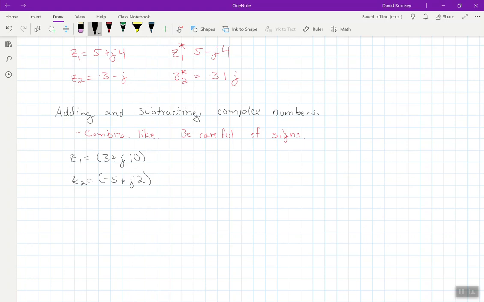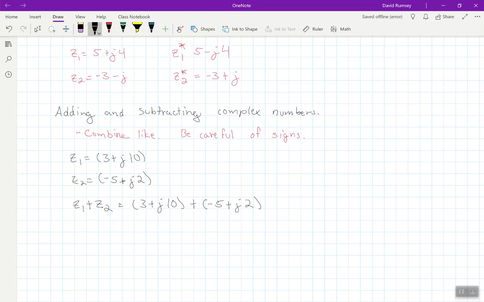And let's look at Z1 plus Z2. Now you're going to notice I'm going to constantly write these in parentheses, and you'll understand why in a second. So I have 3 plus J10 plus negative 5 plus J2.